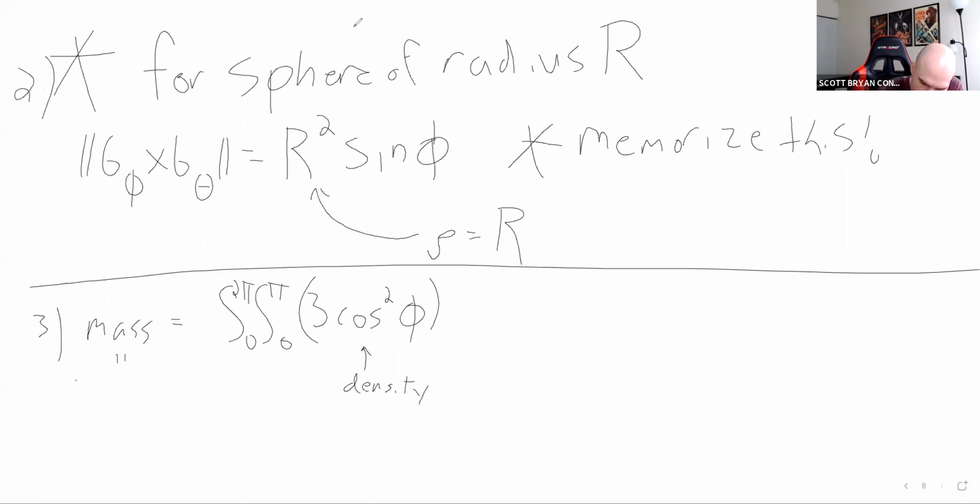So mass is going to be the integral over the surface S of the density with respect to surface area. So the density is the 3 cos squared phi. dS, we said, is going to be the magnitude of g phi cross g theta, which is going to be the radius squared sine phi.